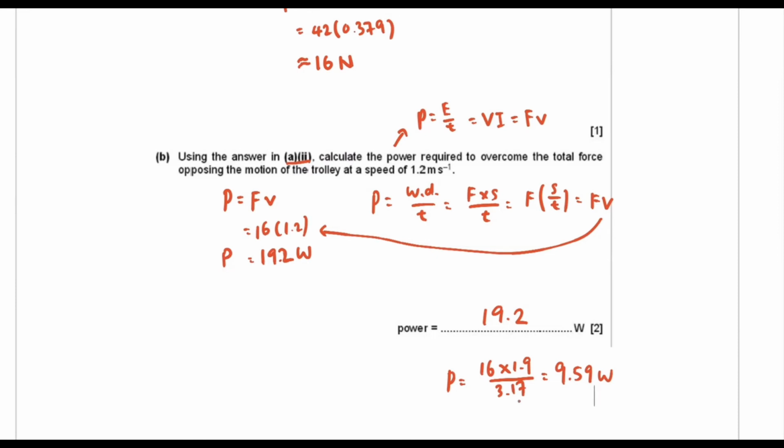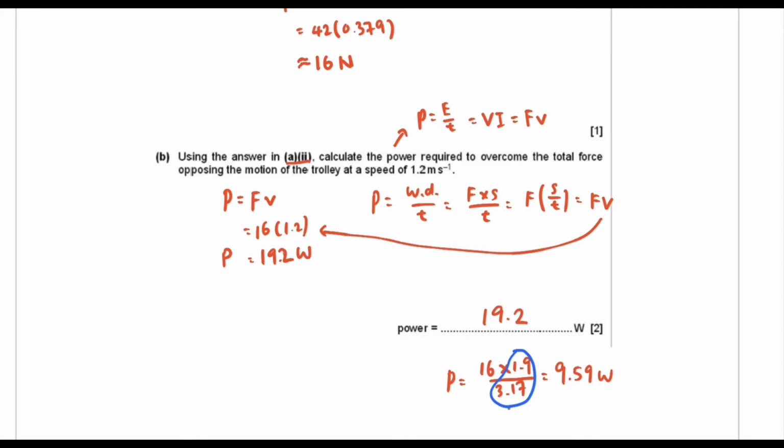Yeah, 3.17. So you see how we derive the formula. Power equal to force times displacement over time. So this is displacement, this is the time. If you want to get 19.2, that means displacement divided by time must equal to 1.2, and then you will get 19.2.